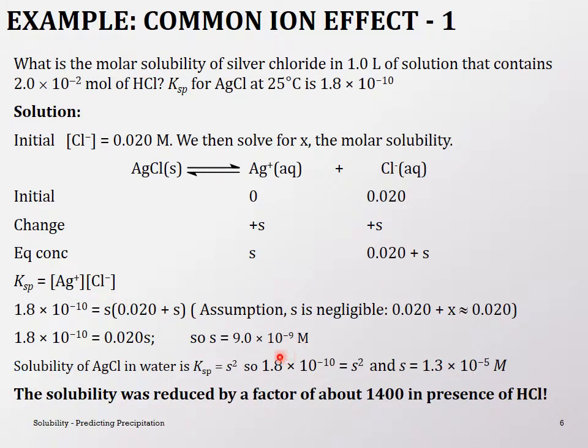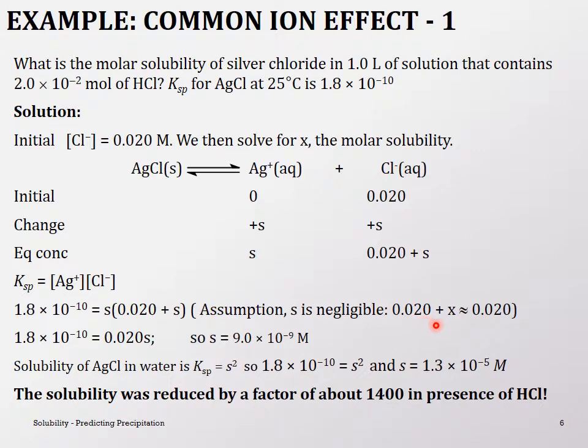Now, to make our life a little bit easier, we're going to assume that S is negligible. You can't do that for both of the S's, because if you do it for both, then how will you calculate for S? But one S you can. The one that you're adding, you can assume is negligible, like we've done for acid-base equilibria before.